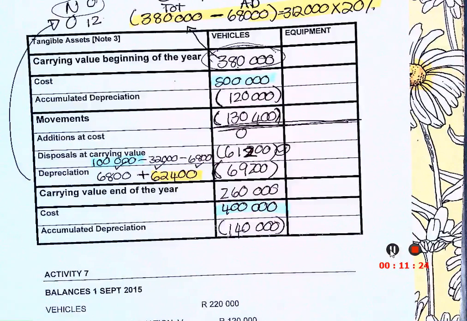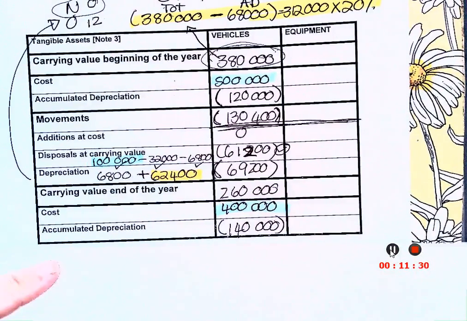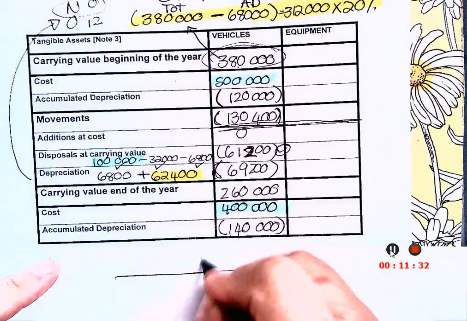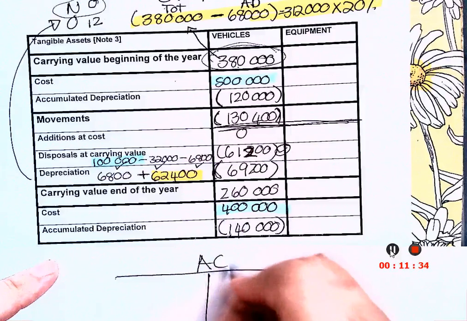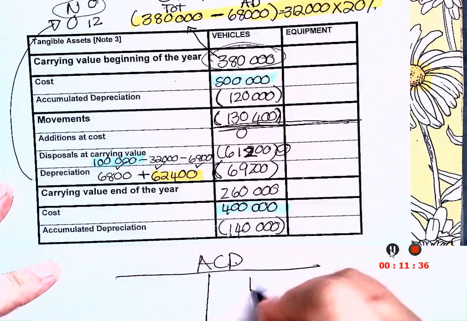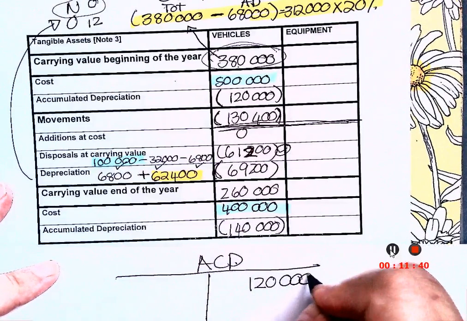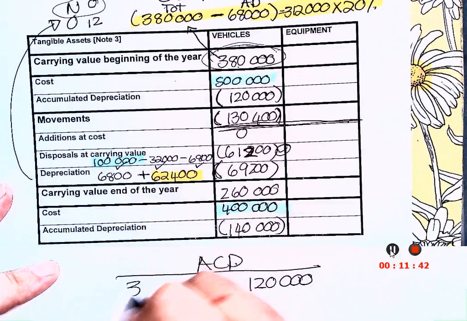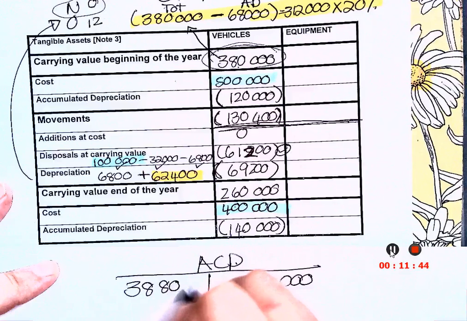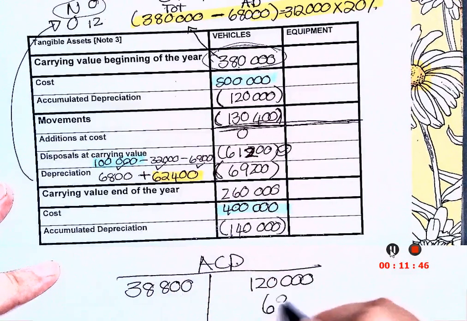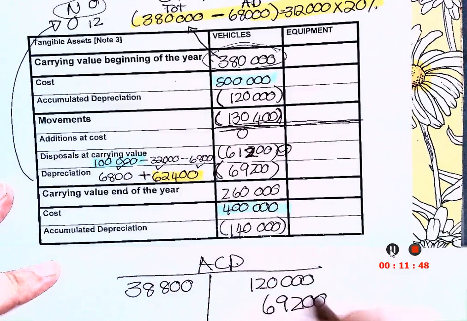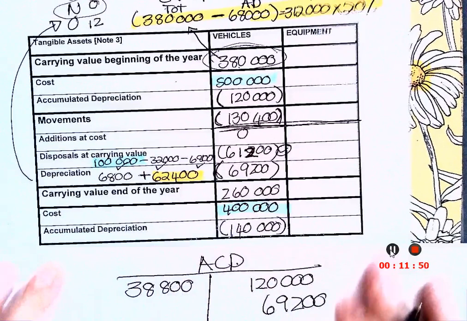If I asked you to do the T for accumulated depreciation, we had an opening of 120, a disposal of 38.8, and a depreciation of 69.2. And if I balance that, do I get 140?